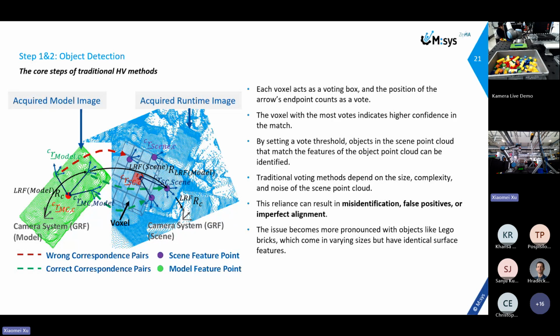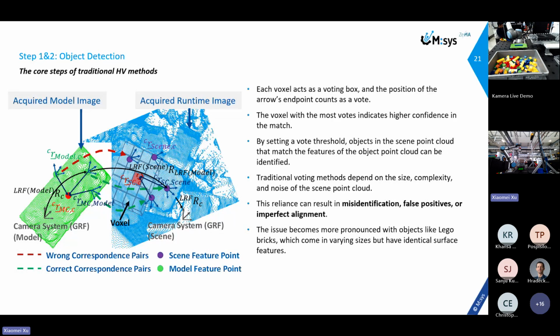However, traditional voting-based detection faces limitations due to scene scale, complexities, and noise. These factors often lead to false identification and misalignment errors.